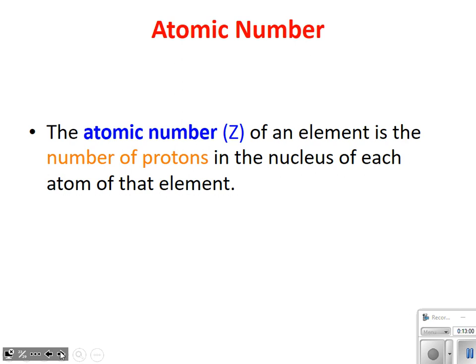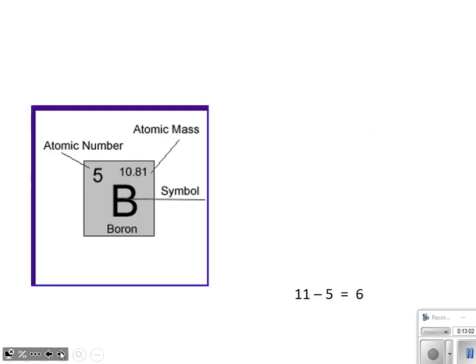We did atomic number slide. We've done mass number slide. Let's look at this right here. Here's just another version that we can use. I look at this and I say, okay, my atomic mass is 10.81. Atomic number is 5. I know it's boron because boron has 5 protons, right?